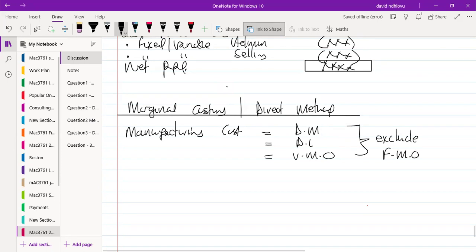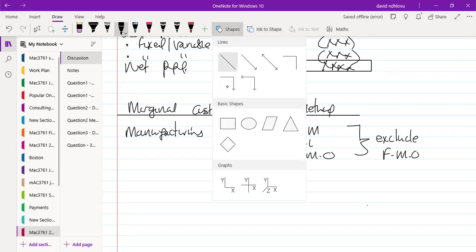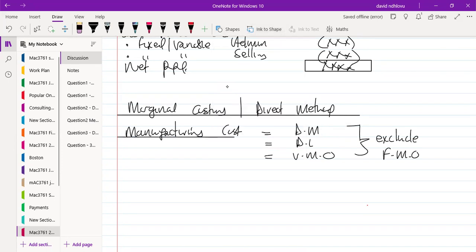So therefore, in our marginal costing method, the fixed manufacturing overhead cost is not treated as a product cost, even though in practice it is because it was incurred in the factory. So we are saying that fixed manufacturing overheads are treated as a periodic cost.